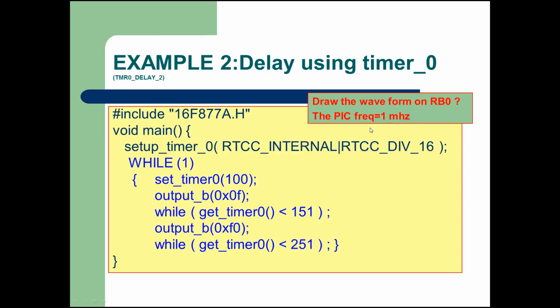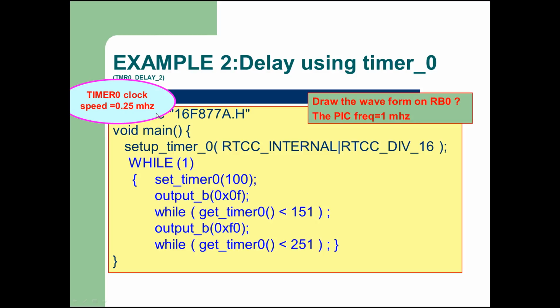And the timer 0 is set to run on internal clocking. That means the clock fed to the timer 0 before the prescaler is 1 megahertz divided by 4, which means the speed at the timer 0 before the prescaler is 0.25 megahertz.